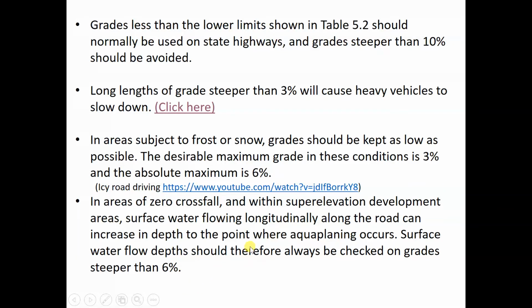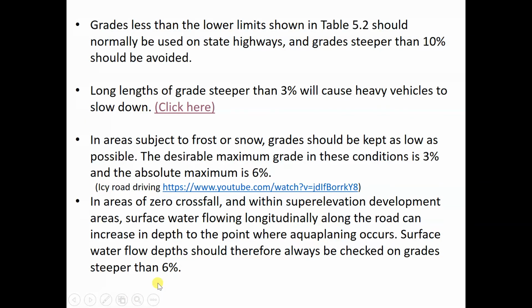So sometimes in the area there's a zero cross fall, so the water cannot flow to the side. It can only flow down the slope. So it could be as if the road becomes a drain. All the water is flowing downhill.